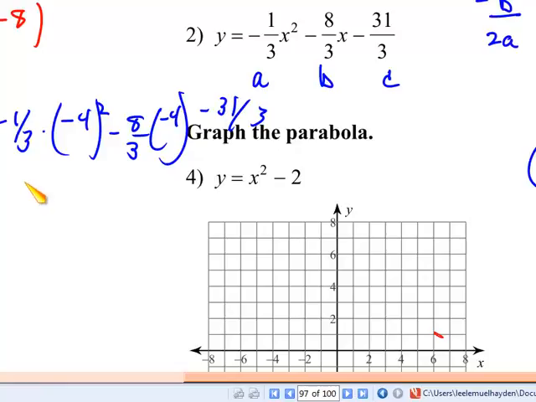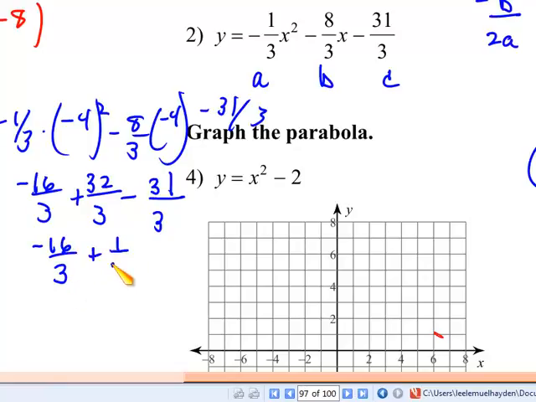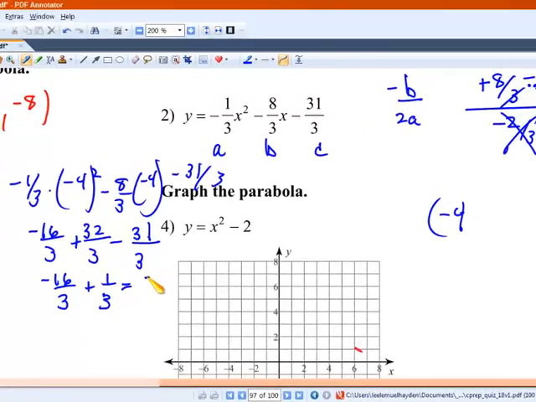So this gives me -16/3 plus 32/3 minus 31/3. 32/3 minus 31/3 is 1/3, so I get -16/3 plus 1/3, and that's equal to -15/3, which is -5. So that means the coordinate of my vertex is -4, -5.